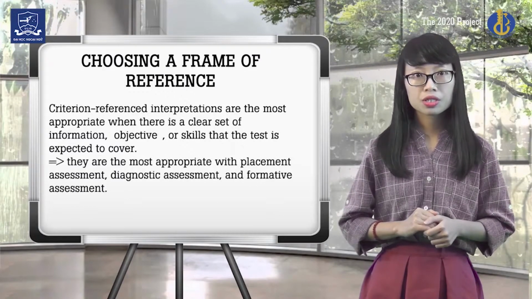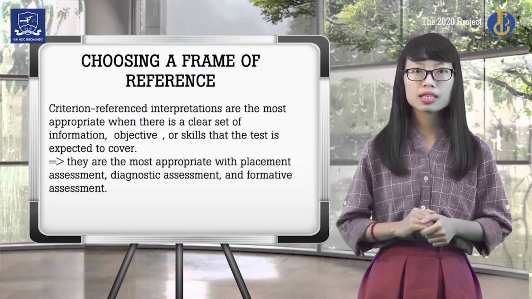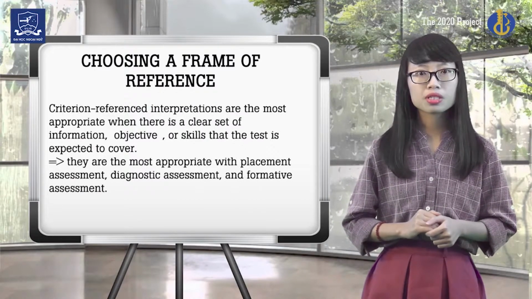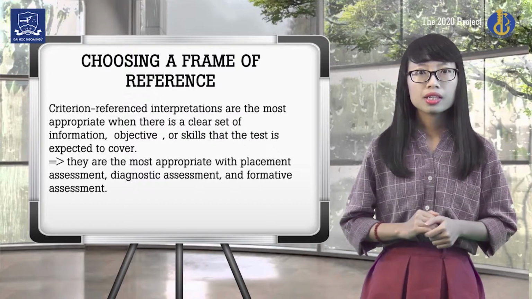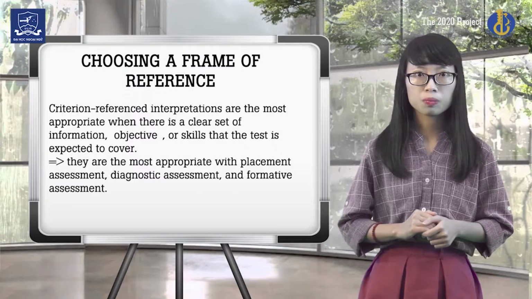They are the most suitable for some types of assessment, such as placement assessment, where you want to know which set of skills your students are good at, and then you can place them in a suitable class for their level.